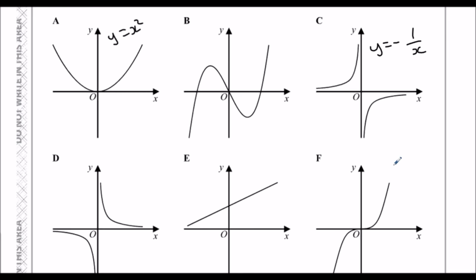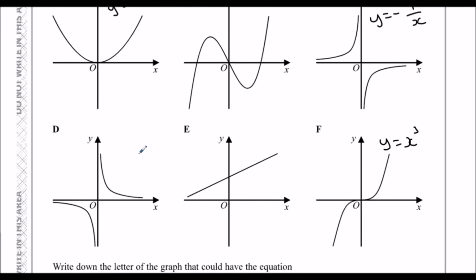Actually, F looks like y equals x cubed. B is some other, more complicated cubic. D is a positive reciprocal. And E is a straight line graph, y equals mx plus c.